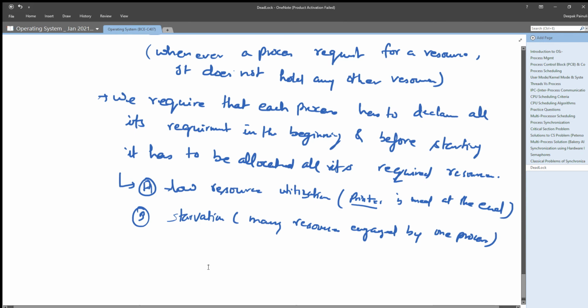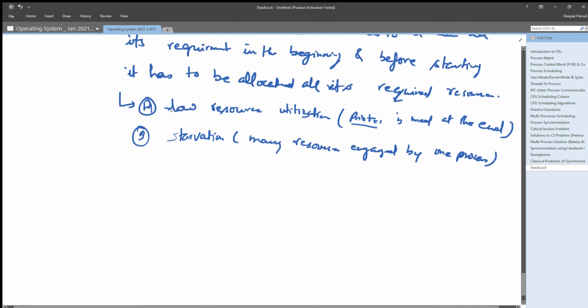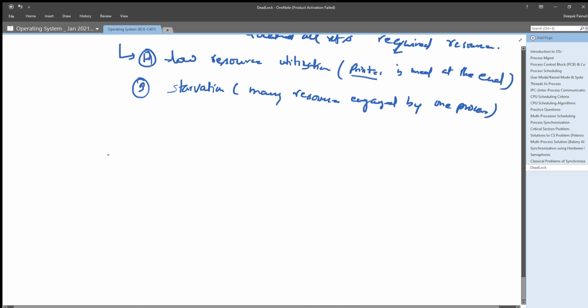Now come to the third condition, which is no preemption. If we have to avoid no preemption, what we have to do is simply allow preemption.